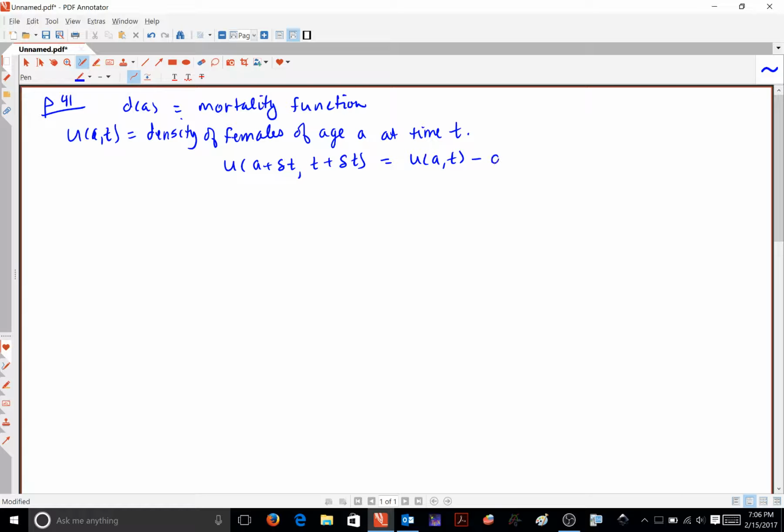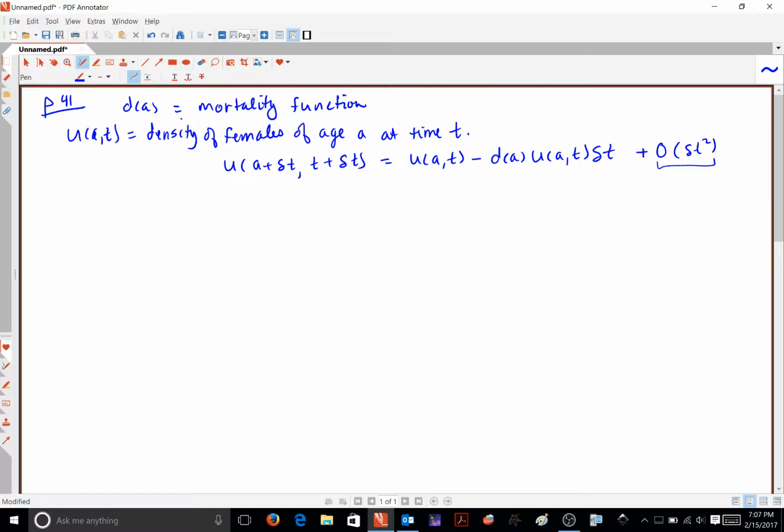And so you're going to subtract off those that died in that interval who were alive at the previous time, and how much of that interval time they have, and then this is an O of delta t squared. This function has some other terms involved in it, but when you take the limit as delta t goes to 0, these are going to go to 0 after we divide out our delta t.